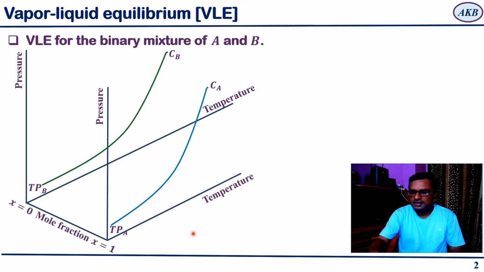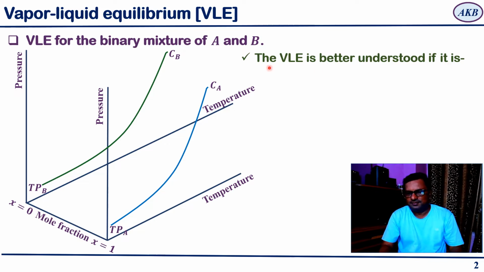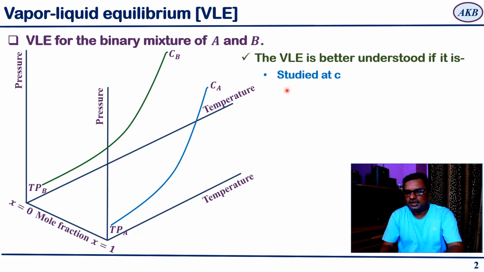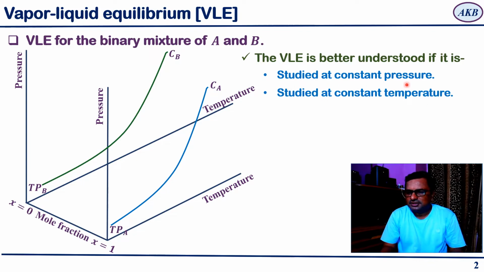You can understand it in a better way. The VLE can be understood better if you study it either at constant pressure or at constant temperature. If you study it at constant pressure, then out of the three variables one is kept constant, and you will have only two variables, temperature and composition.